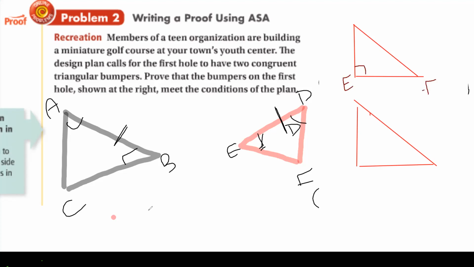Here we have F, and here we have D. Here we have this angle, and here they are congruent. The second one, here we have A, here we have B, which is right, and here we have C, and here we have this congruent side. Is it clear? I just redrew them.